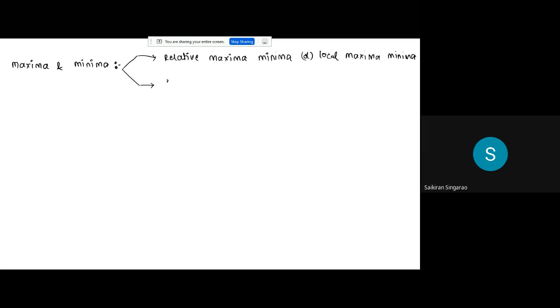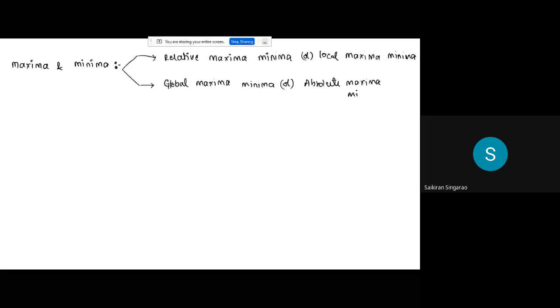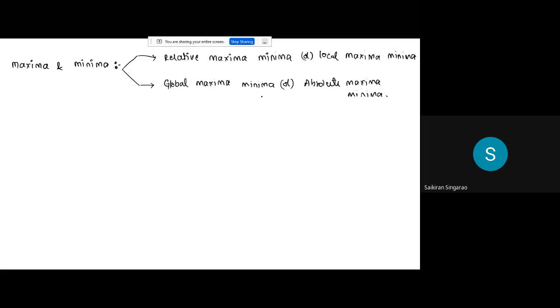The next one is global maxima minima, or absolute maxima minima. So in the maxima minima concept, you have two things to keep in mind.